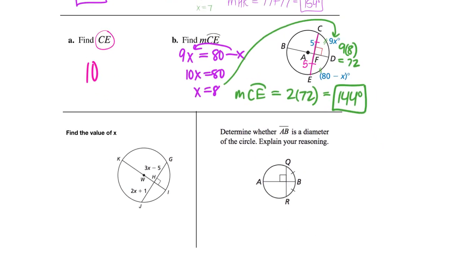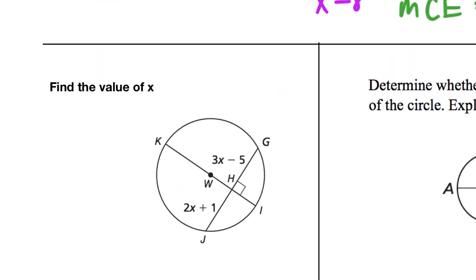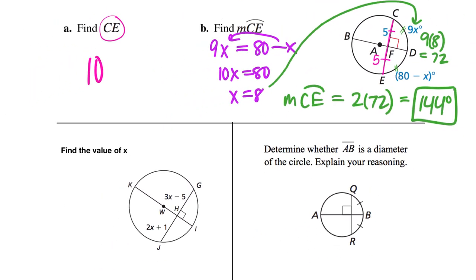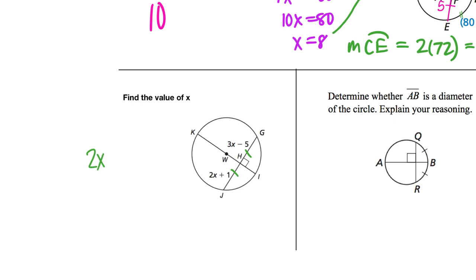Okay, let's look at these next two examples. This one has a little bit of algebra involved, but it's similar to all the other ones that we've done so far. It says find the value of x. Again, looking at the picture, it's got the diameter, which is perpendicular to the chord. So same thing, we can set these pieces equal to each other and solve for x. So 2x plus 1 equals 3x minus 5.